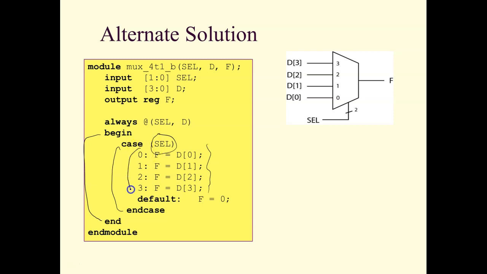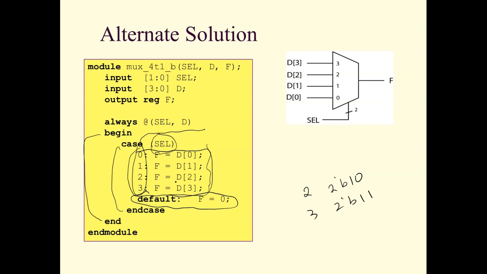So in the case statement here, I have my 4 cases, very much like the other one. It's just a little bit different. Here are the actual selection variables. Once again, it's written in decimal, which is arbitrary. Instead of 2, I could have put 2'b10, 3 as 2'b11, etc., etc. But that's the way I wanted to do it. It does have a catch-all statement, which is the default.